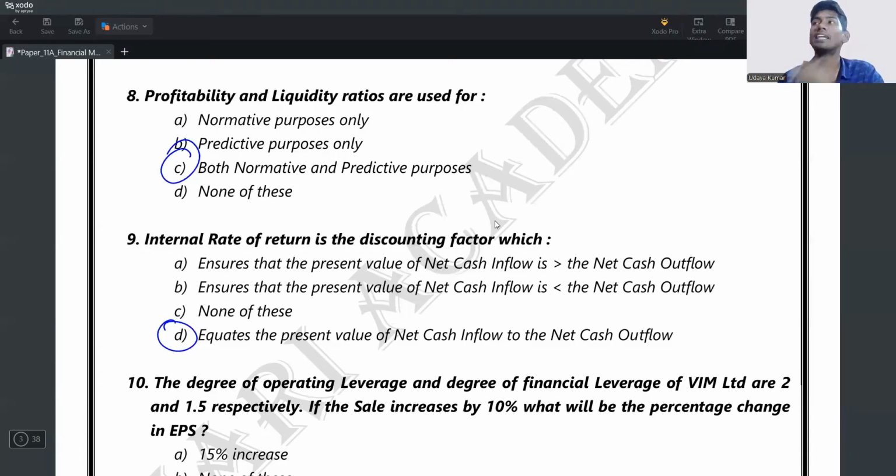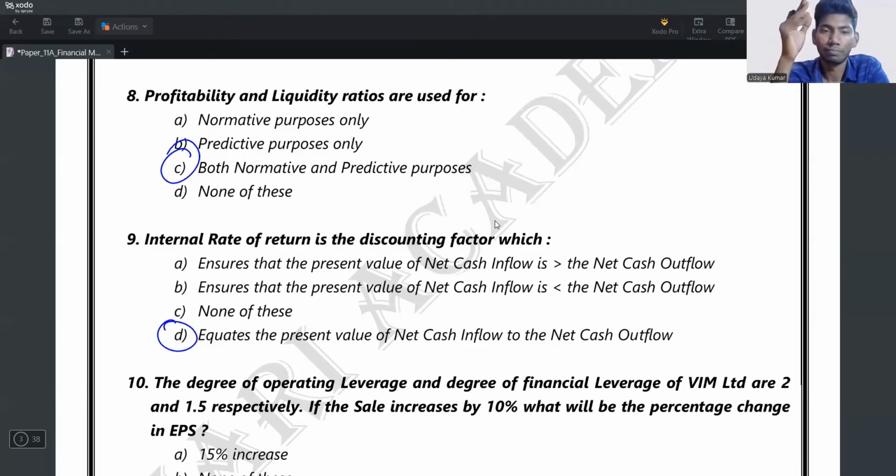The reason is that the internal rate of return is the discount rate that makes the net present value of all cash flows from a project or investment equal to zero. We have discussed this in our regular classes. In other words, it is the rate at which the present value of net cash inflows equals the present value of net cash outflows.